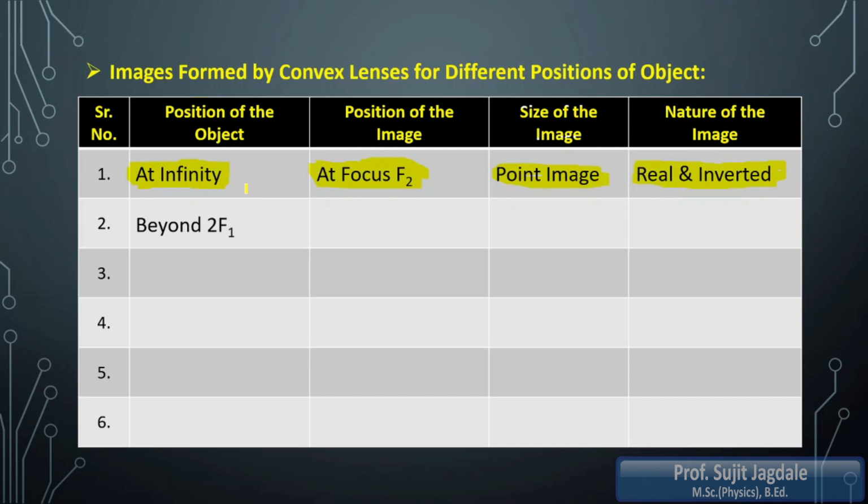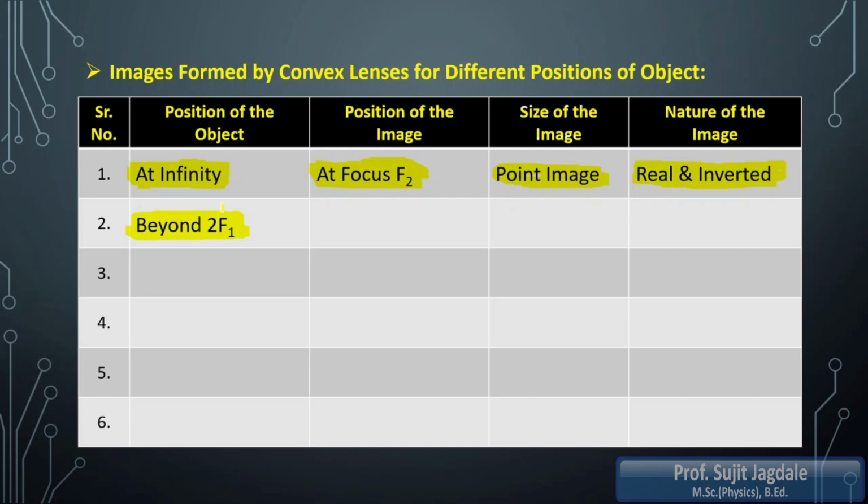Now we will shift that object a little bit towards the lens, and now it is between infinity and twice f1. Beyond twice f1 means in front of twice f1, and within the infinity. So f1 is the focal length actually, or focus point, which is present on the left hand side, and we have to take twice of that distance.